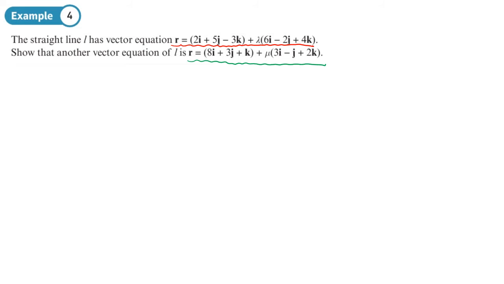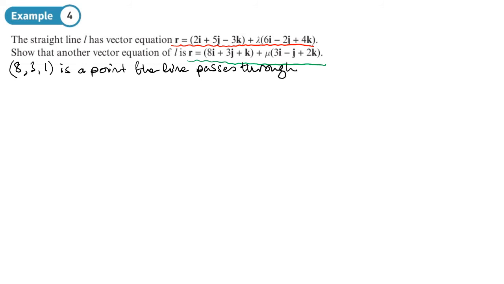So if it's another equation of this line, then for the second line, we need to show that (8, 3, 1) is a point the line passes through, the one that I've highlighted in red passes through.